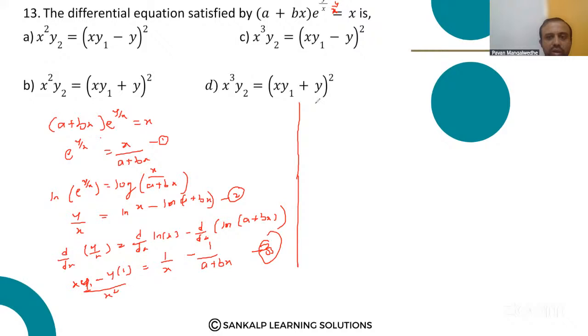So it is xy1 minus y by x square, which is equals to d by dx of 1 by x minus b into d by dx of 1 by a plus bx.